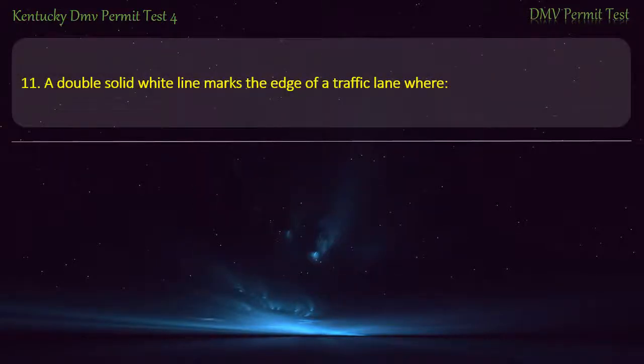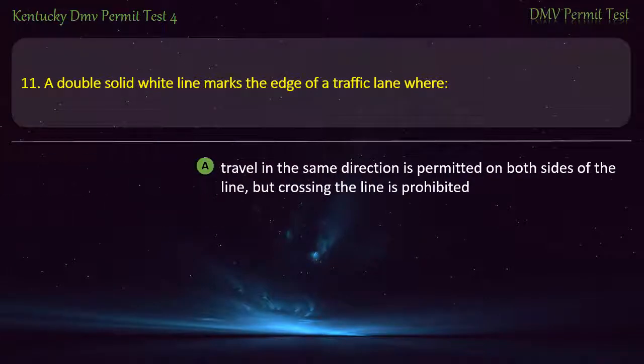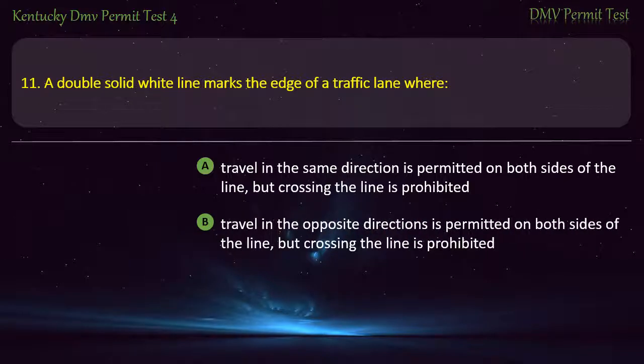Question 11. A double solid white line marks the edge of a traffic lane where travel in the same direction is permitted on both sides of the line, but crossing the line is prohibited. Travel in the opposite directions is permitted on both sides of the line, but crossing the line is prohibited.